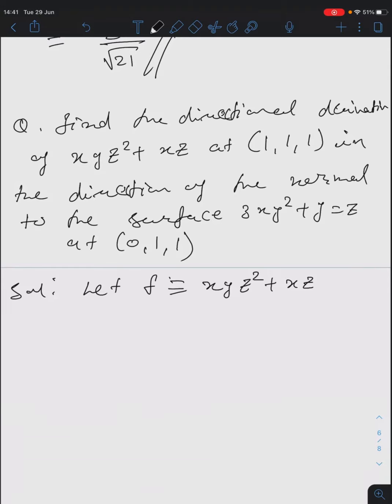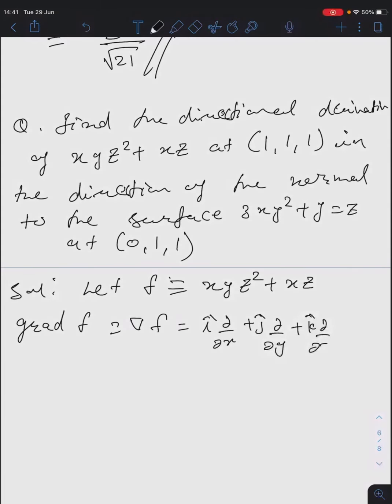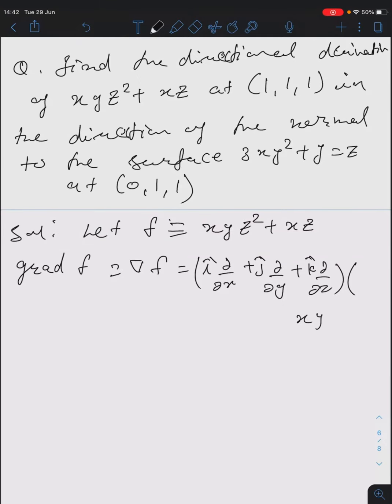We'll calculate and keep it aside. So gradient of f you calculate, that is del f. What is del f? Calculate and tell me. What will be gradient of f of xyz square plus xz?